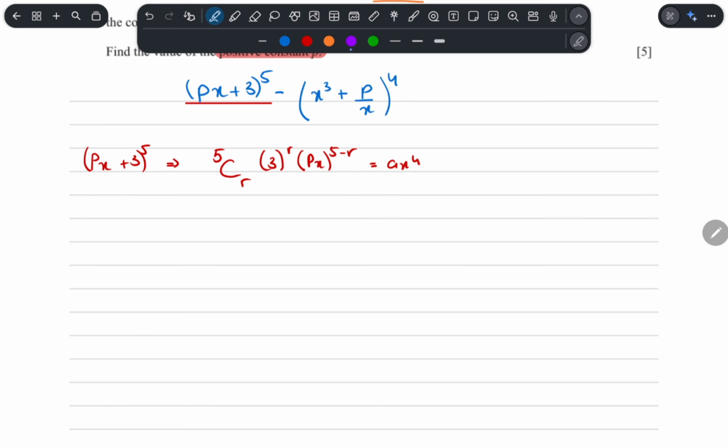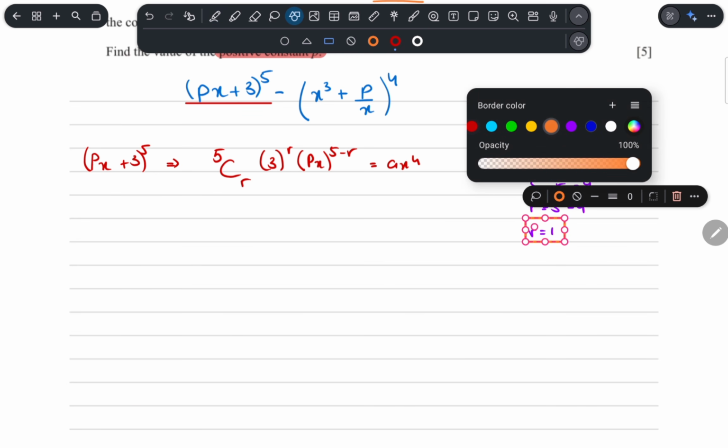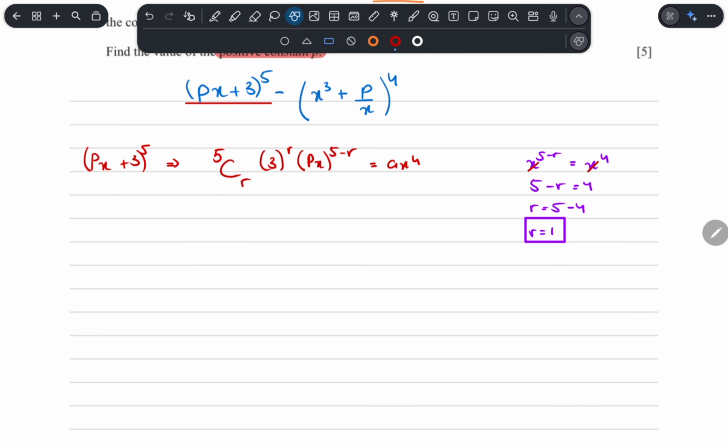So this will give us x^(5 − r) equals x^4. We can cancel out the bases by the rules of indices. So 5 − r equals 4, or r equals 5 − 4, and r equals 1, which we said at the start, but let's just pretend we did not know all that.